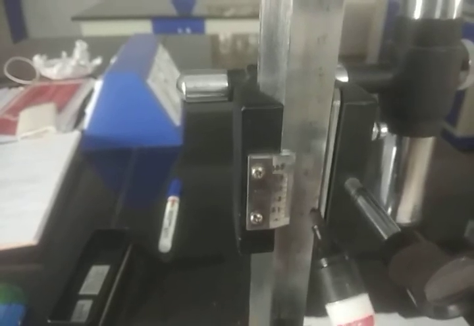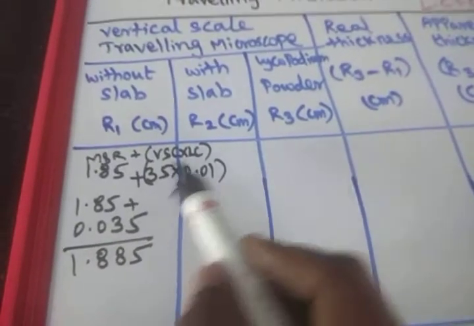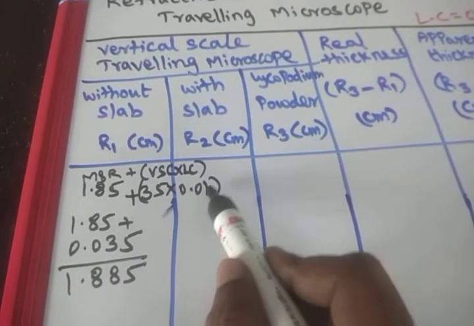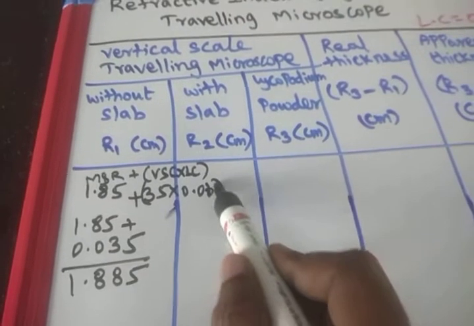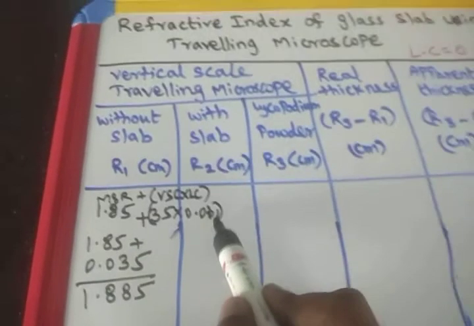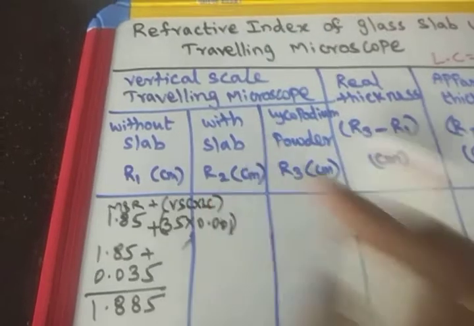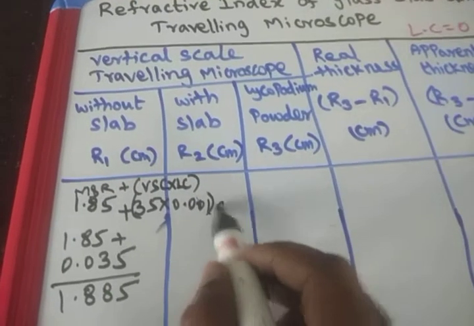Where do you have to see that? In the main scale. Then which division of the vernier scale coincides exactly with some division in the main scale is the next one. That is the VSC. So that VSC is 35 divisions into least count, which is 0.01 centimeter.